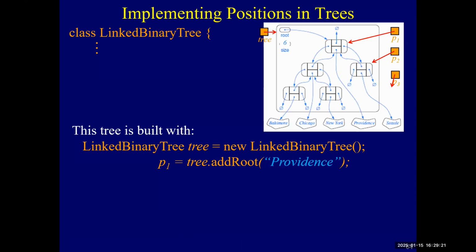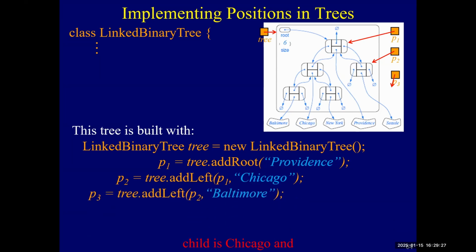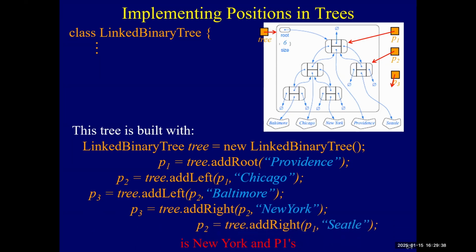And then we could say root's left child is Chicago, and P2's left child is Baltimore, and P2's right child is New York, and P1's right child is Seattle, and P3's right child is, and P2's right child is Toronto.